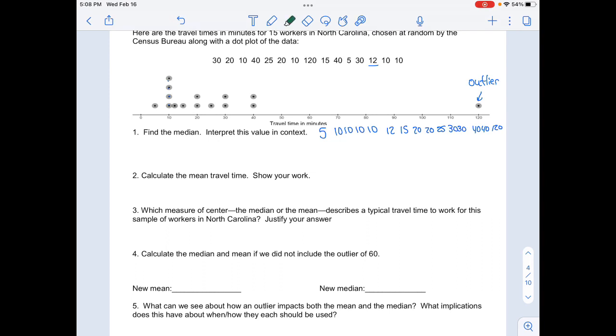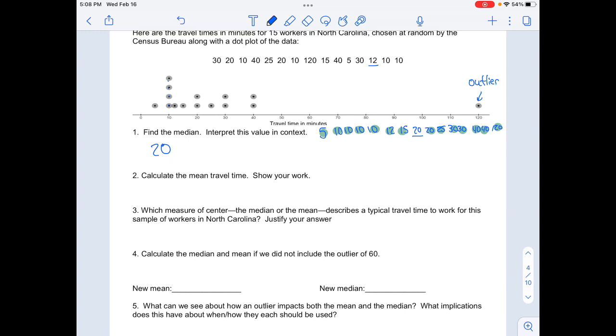And then to find the median, I'll just pair them off. So our median, since it's an odd number of data, is 20.